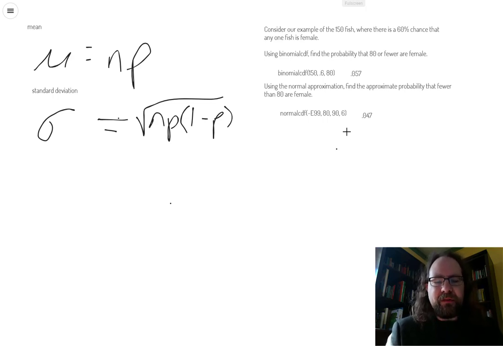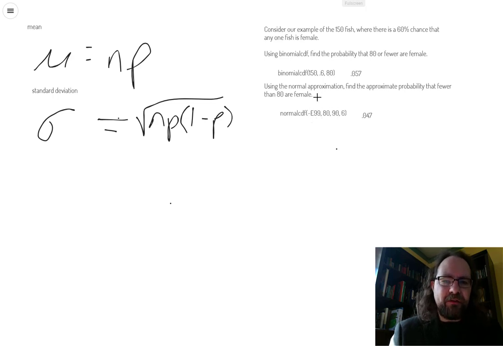Now, one thing I also want to address really quickly here, because this has come up with a few students, is that notice that my language here is I said 80 or fewer, and in this one I said fewer than 80. But in both cases, we set the upper bound to 80. So if this were a binomial CDF problem, and we said fewer than 80, we would want to set our upper bound to 79.